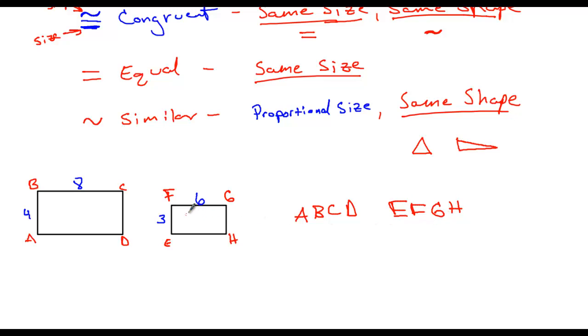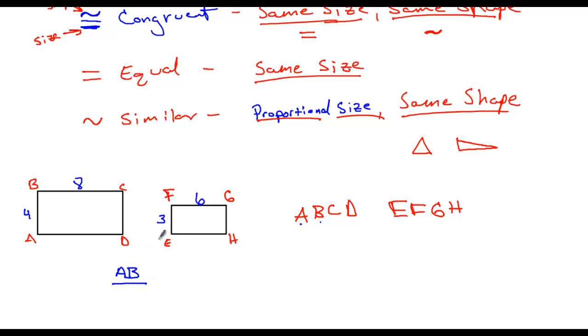And if we're comparing them here, you might want to say that they're similar. They're obviously not congruent, but they are similar, and that's that proportional size. Well, the way we check that is we look at the corresponding parts. So we look at AB, which is this side over here, and we're going to compare it. And how do we compare two numbers?